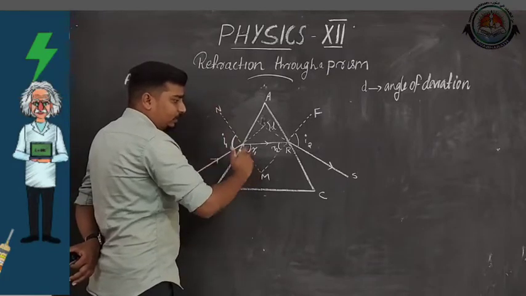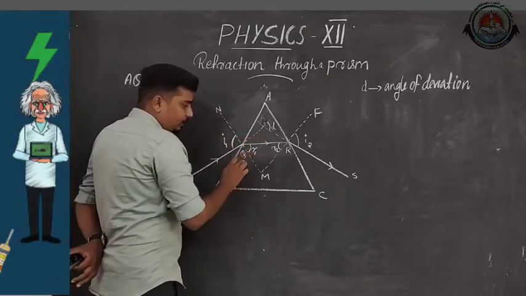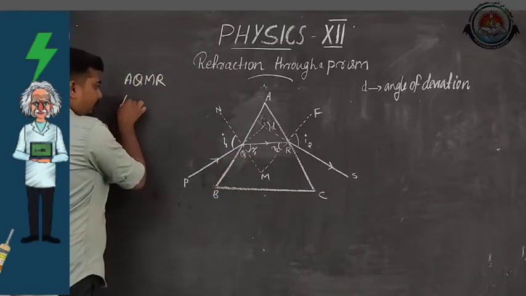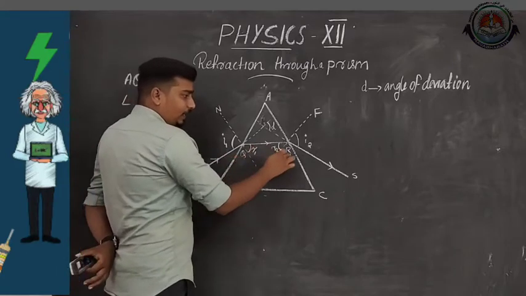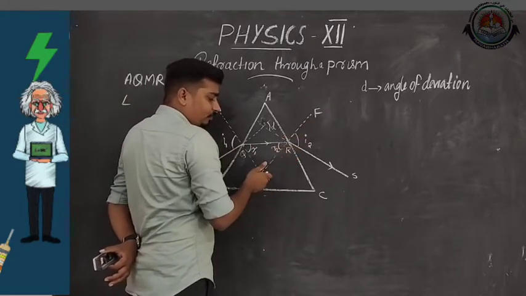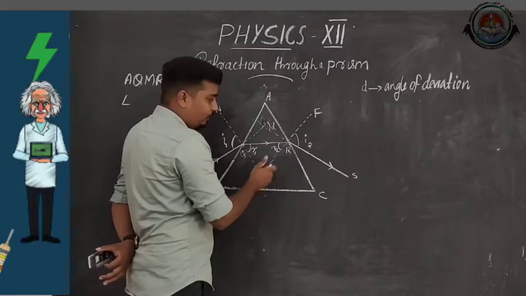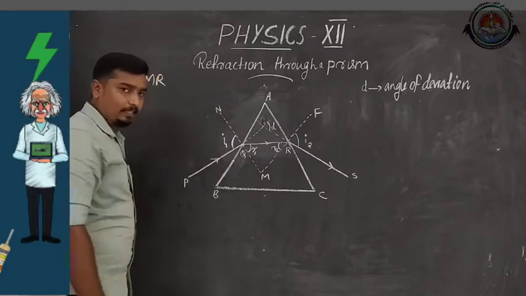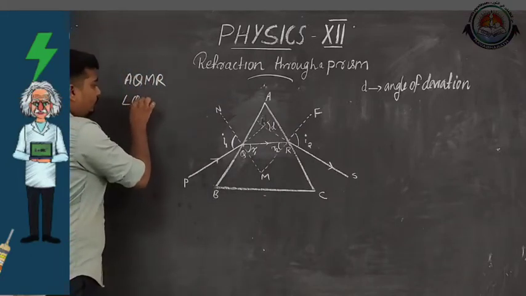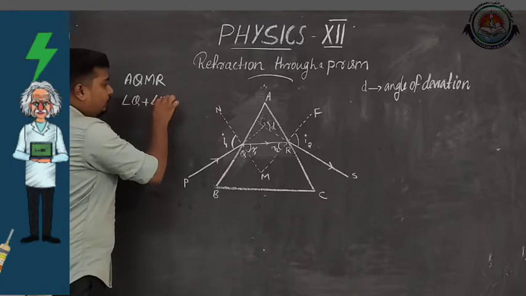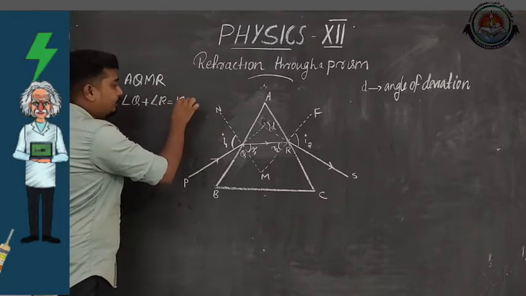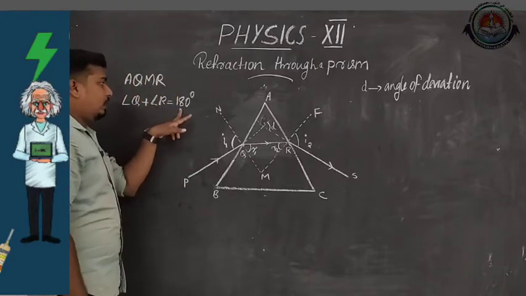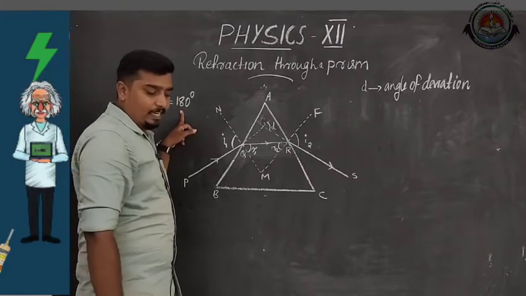Therefore angle Q is considered as 90. And here also this FM is a normal. Therefore angle R equals 90. That means angle Q plus angle R equals 180 degrees.